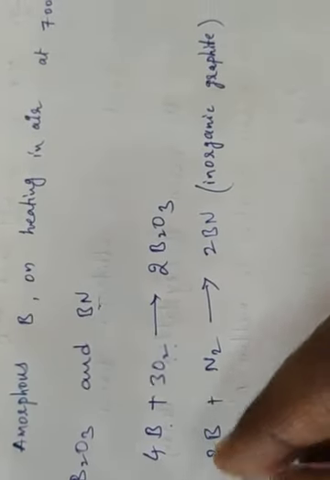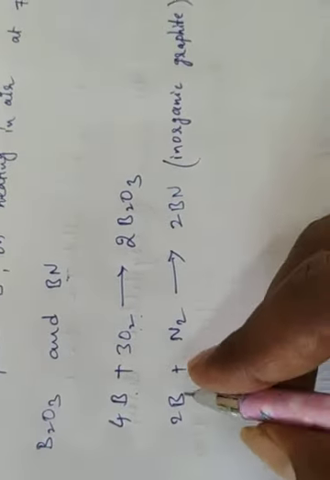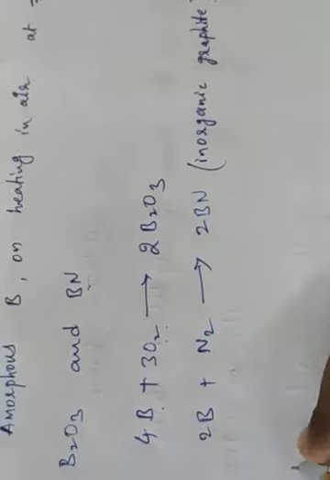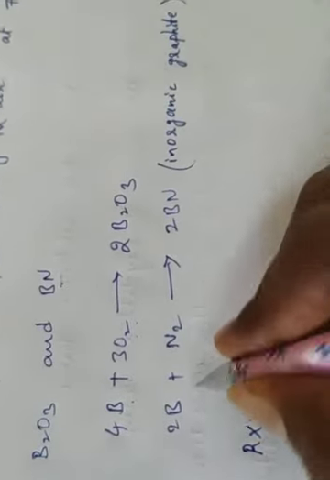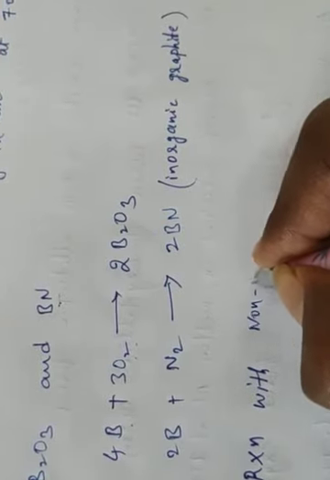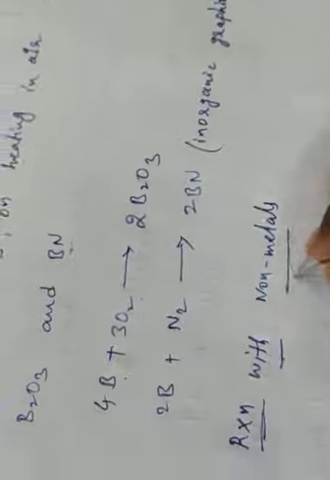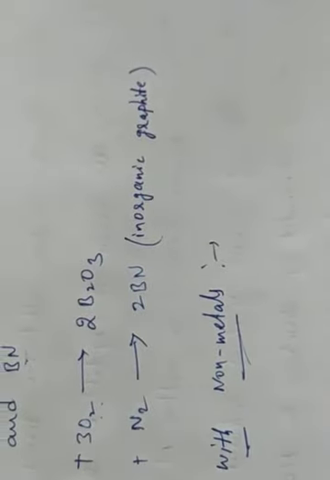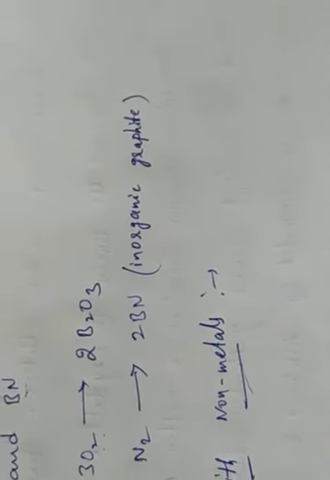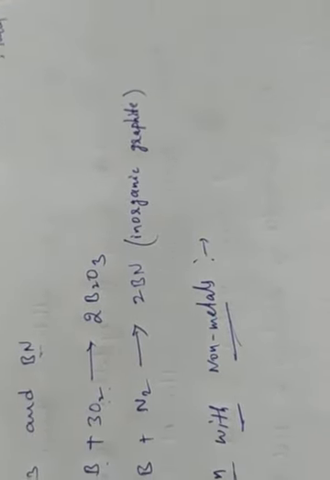Next, reaction with non-metals. On heating, amorphous boron will react with nitrogen, oxygen, sulfur, fluorine, chlorine and bromine directly, forming binary compounds.